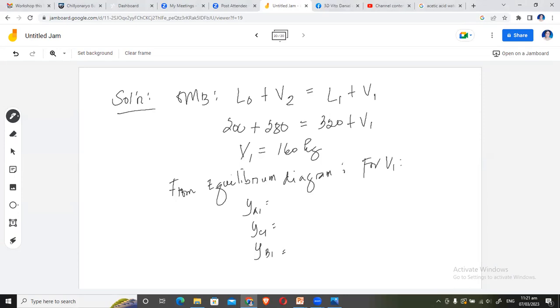These are the compositions that were written then in the equilibrium diagram for our system. So using the A and the C component balance, you can find the composition of the feed.